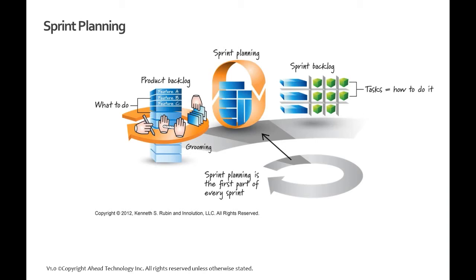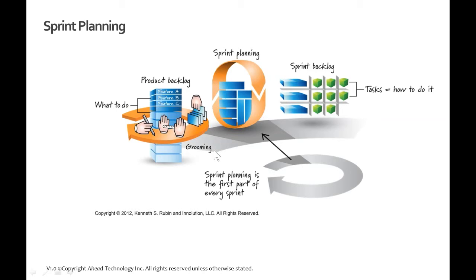So sprint planning then, the sprint planning session, a very, very important session. Prior to the session, the product owner and the Scrum Master have worked together to build out that product backlog.